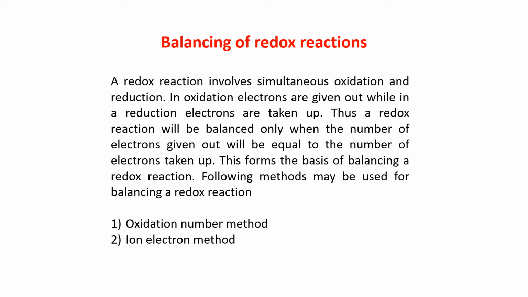Thus, a redox reaction will be balanced only when the number of electrons given out is equal to the number of electrons taken up. So this forms the basis of balancing a redox reaction. As I told you, the following methods may be used for balancing a redox reaction: one is oxidation number method and number 2 is ion electron method.